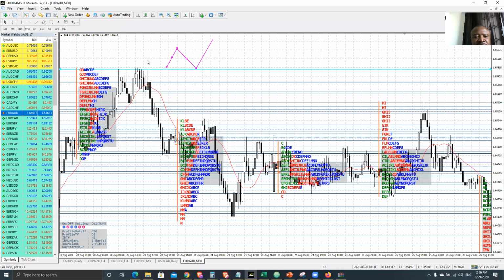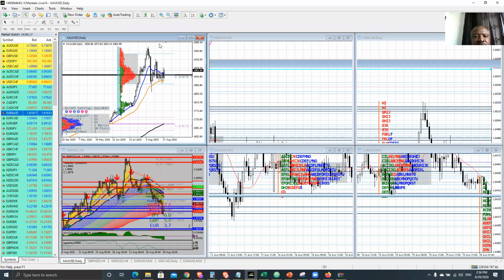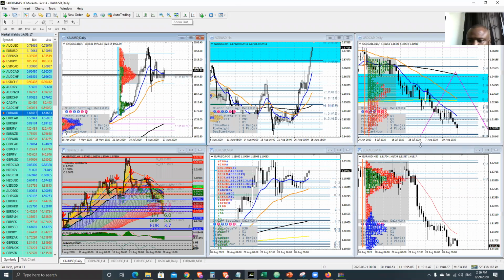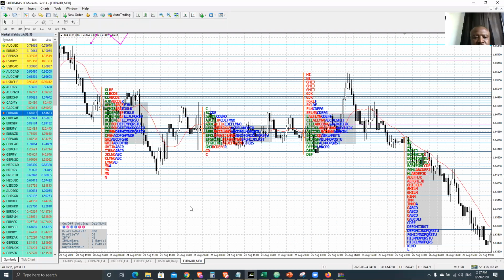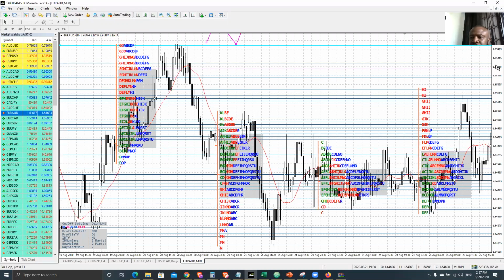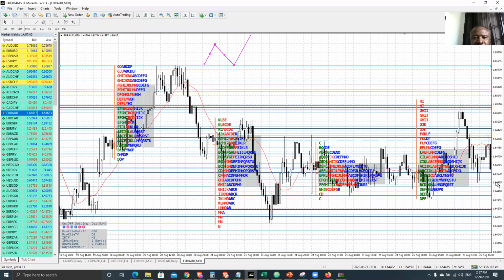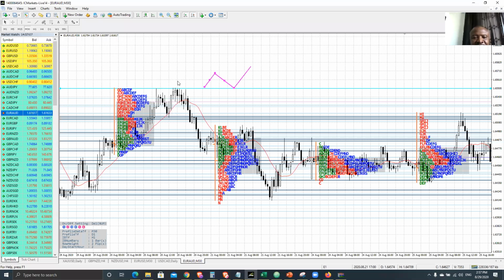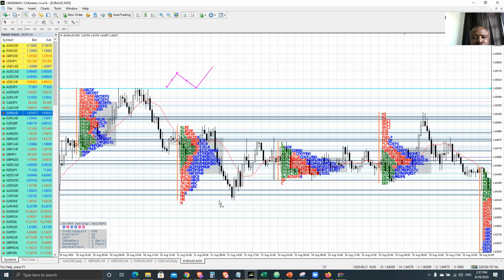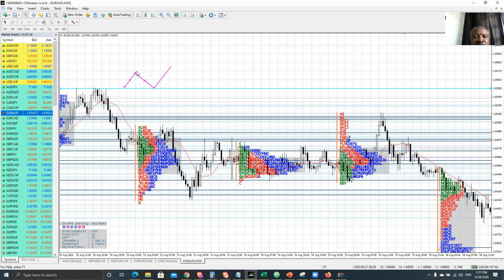If I do not see a break of it, I don't want to be a buyer. Sorry, let me take you back there. So this is what I'm trying to say as regards all those points of control and why they're so important. Price gets there, look at how it's turning into resistance. So even if I now said to myself, let me buy cheap, which is what I was trying to do, I don't want to be a buyer until price breaks it.